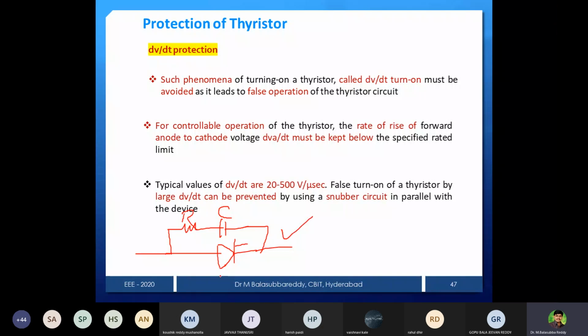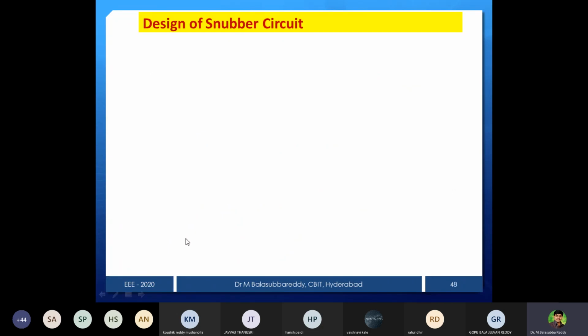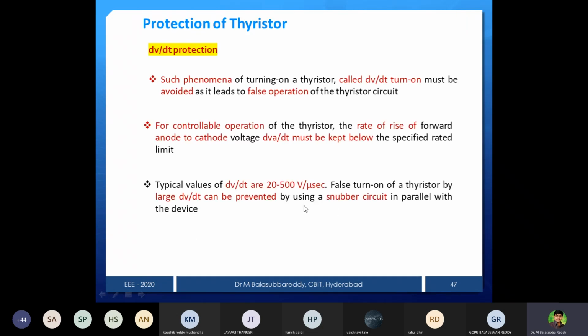For each device, wherever you want to use it, this protection is very important to limit the dV by dt triggering. We'll see how the snubber circuit design is done. The resistor and capacitor connected in parallel with the device, that circuit alone, I call the snubber circuit.